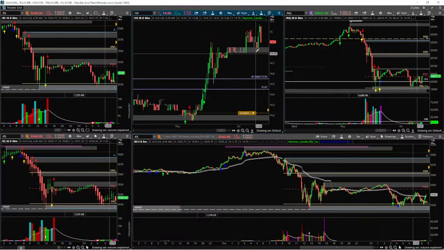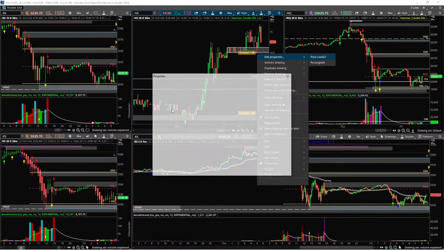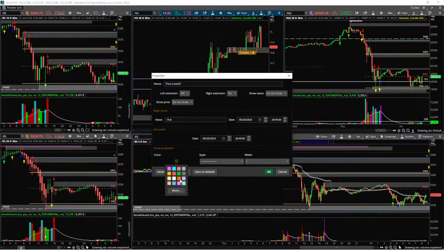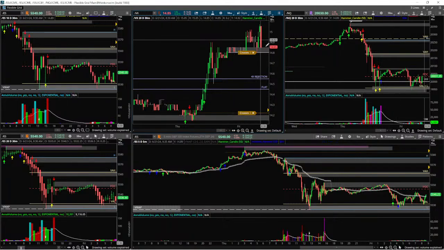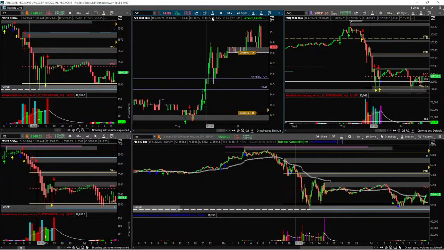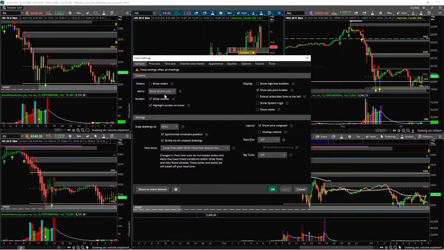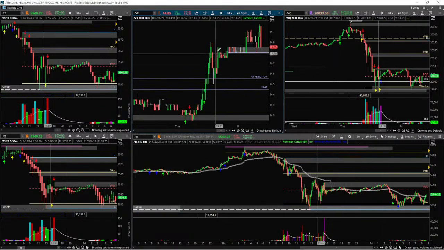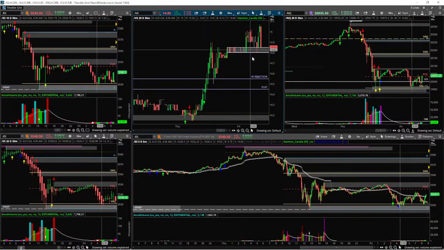Will ES continue moving higher, or if VIX decides to bounce off of it, will ES move lower? Okay, so that's where we are right now.